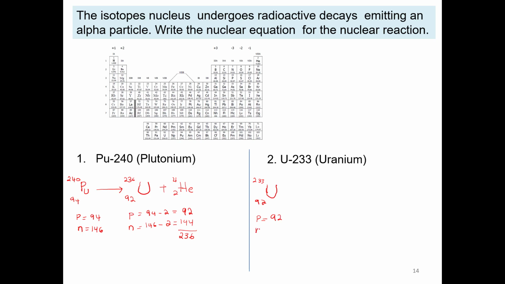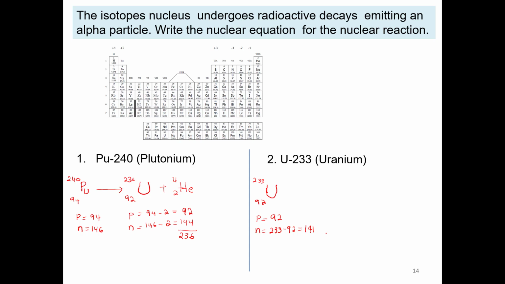And to get the number of neutrons, we will subtract 233 minus 92, which equals 141.